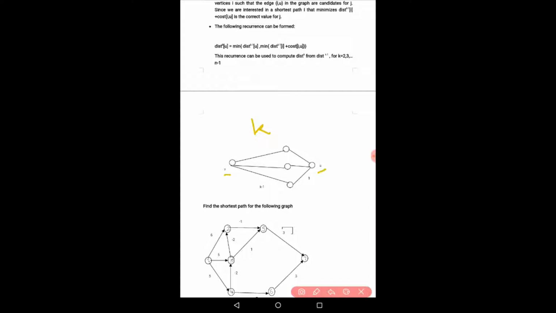So using dynamic programming approach, this can be divided into K-1 edges and 1 edge. K-1 edges from V to an intermediate node J, and from J to U 1 edge is there. So the shortest path from V to U is divided into shortest path from V to J and from J to U.